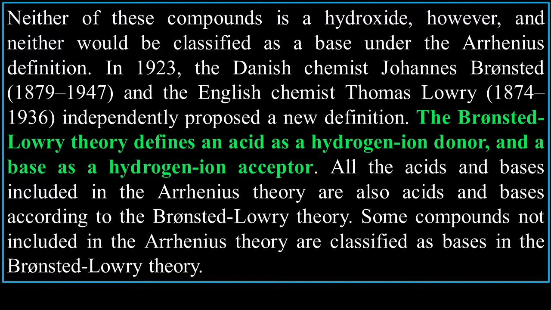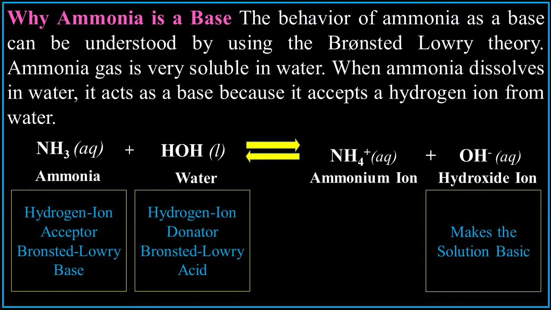All the acids and bases included in the Arrhenius theory are also acids and bases according to the Bronsted-Lowry theory. Some compounds not included in the Arrhenius theory are classified as bases in the Bronsted-Lowry theory. And the same will be true in the Lewis theory of acids and bases.